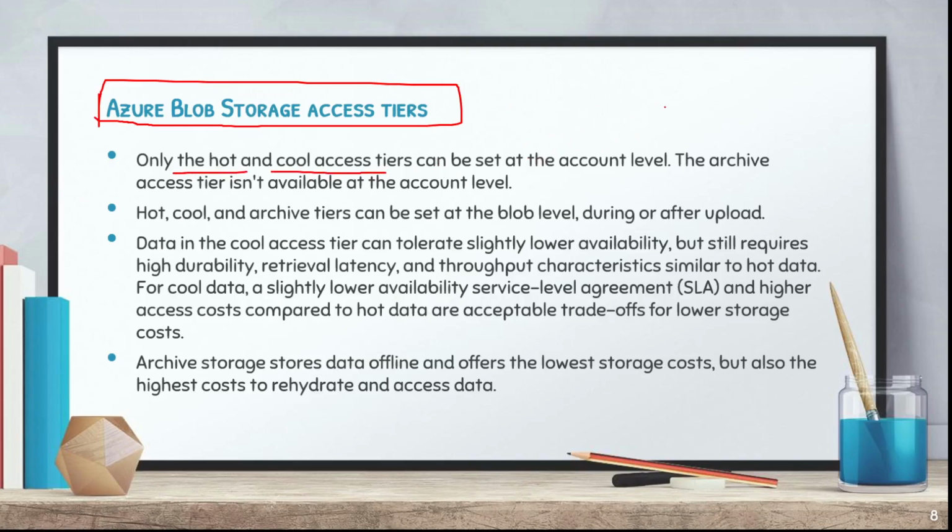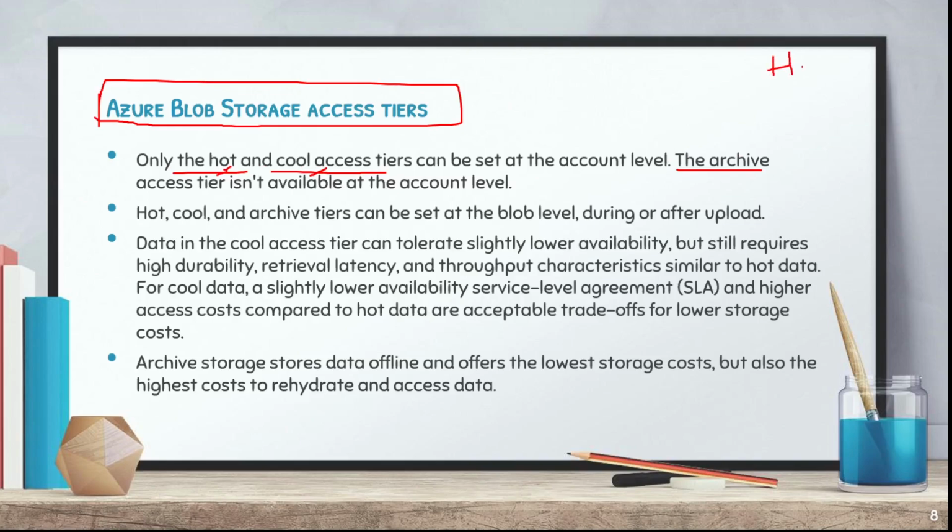Whenever you are creating the storage account, you can only choose either hot or cool. The archive access tier is not available at the account level. Once you create the storage account and do all the setup, only then can you change your access tier from hot or cool to archive.